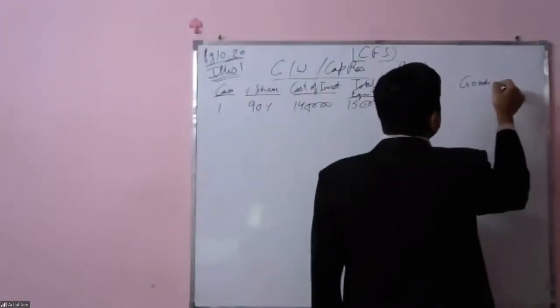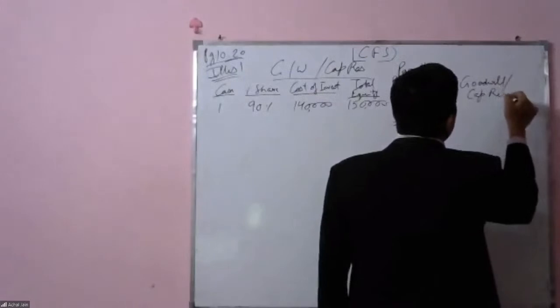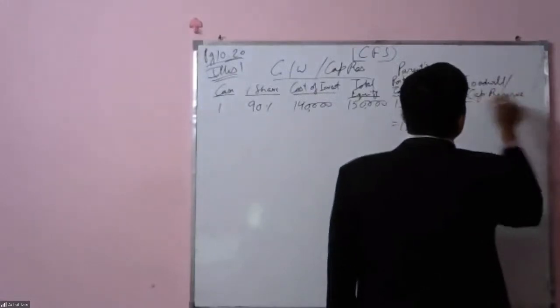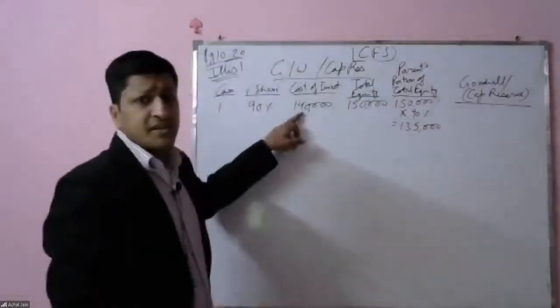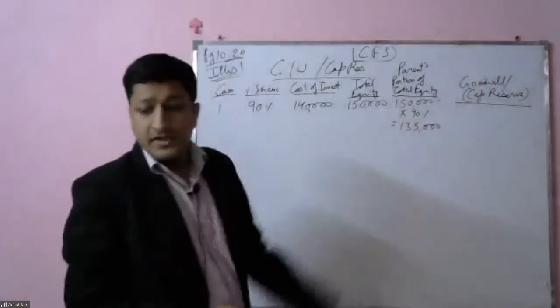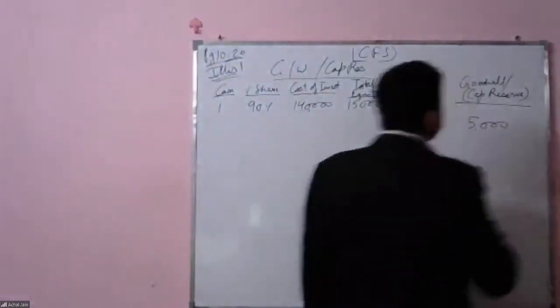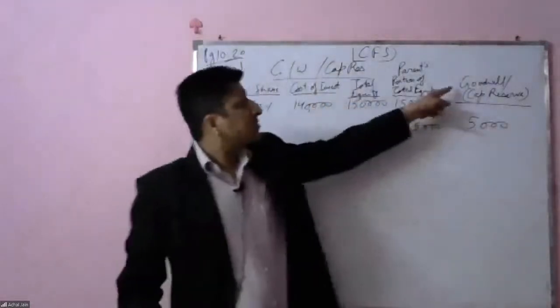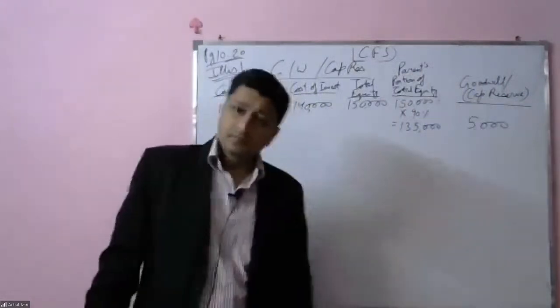Goodwill. Or if the figure will be negative, we will call it capital reserve. So let's understand. Purchase consideration is 140 minus 135. It's positive. So it's 5,000. If it is positive, it will be goodwill. If it is negative, it will be capital reserve.